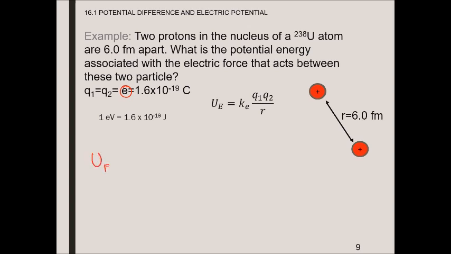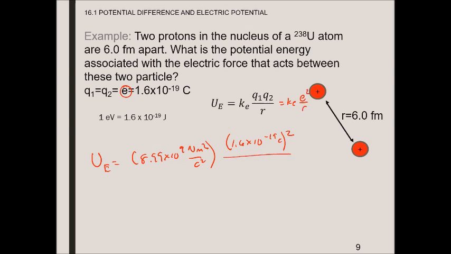The energy in the system is Coulomb's constant, 8.99 times 10 to the 9th newton meter squared per coulomb squared, times e squared, 1.6 times 10 to the negative 19th coulombs squared, over r. It's not multiplied by 2, since the 2 charges are multiplied together, they're not added. So this is equal to k e squared over r, not times 2.